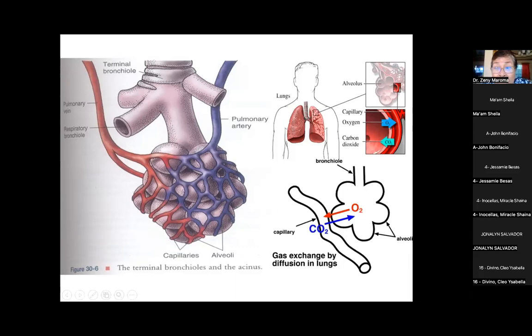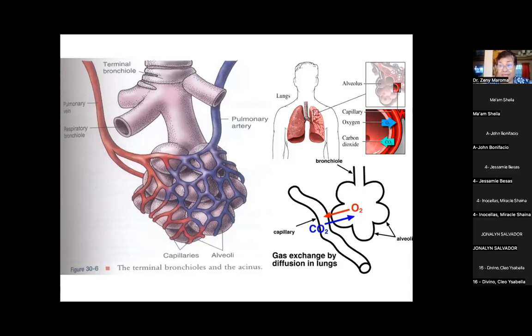Hindi siya mag-expand na mabuti. So there could be partial or complete lung collapse, atelectasis. O dili kaya, may bronchial tumor, mayroon siyang bronchial cancer or laryngeal cancer. It can also cause airway obstruction.